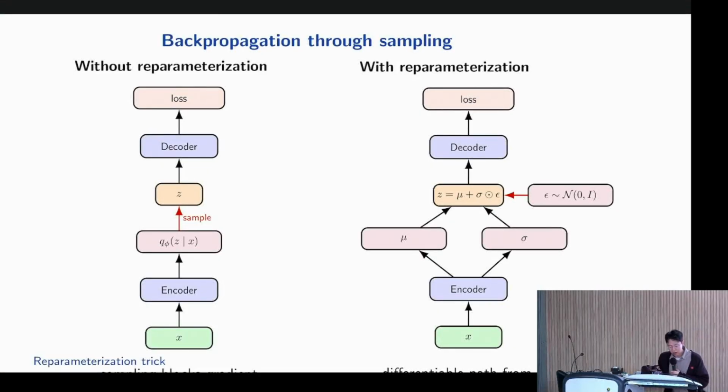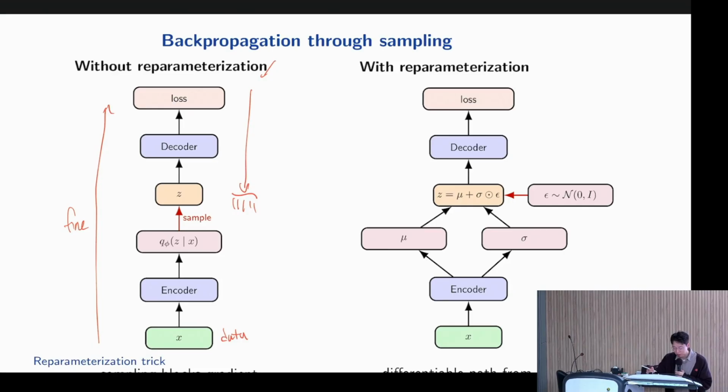Right. So without reparameterization, this was our usual block diagram: sample data, pass it through the encoder, sample Z, decoder. This forward is fine. Backward gets stopped here exactly.